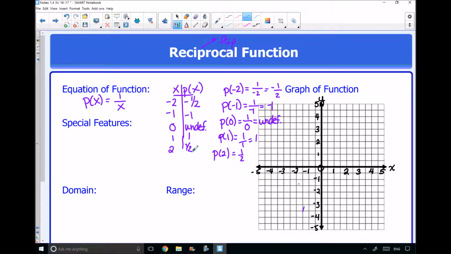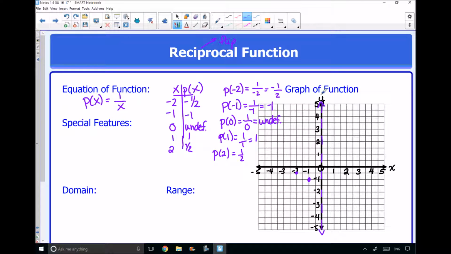Okay, so I'm going to graph these points out, and then I'm going to see what information I'm getting from my function here and see if this is really going to help me out at all. So at -2, I know that the corresponding y value is -1/2. This is 0 here. It means it's going to be undefined. So at 0, there won't be a corresponding y value. There's no output when x is 0, when my input is 0.